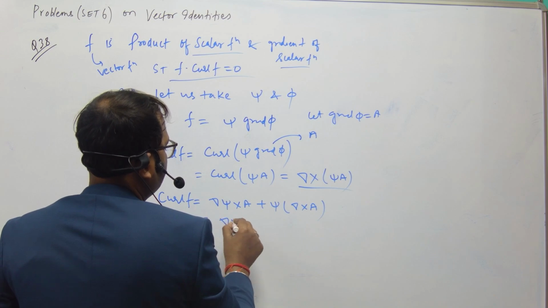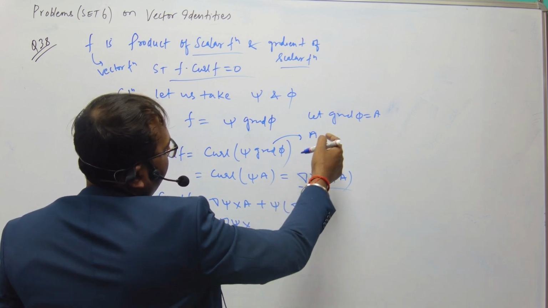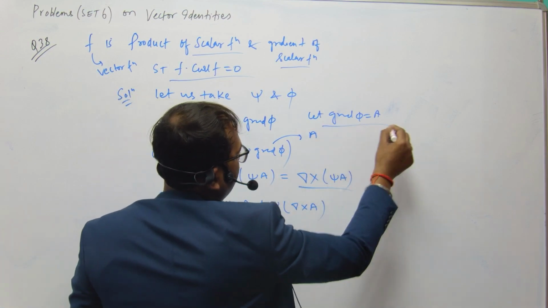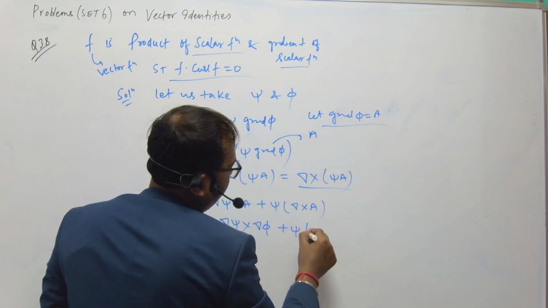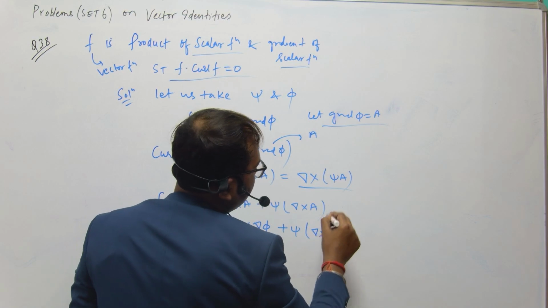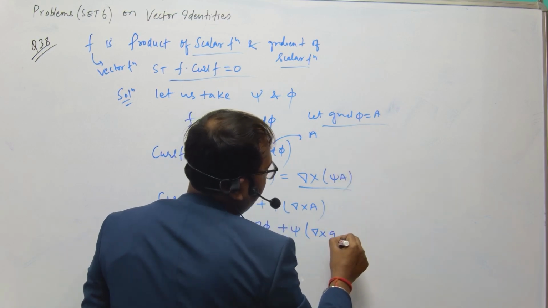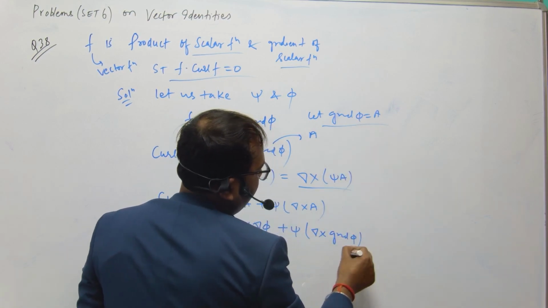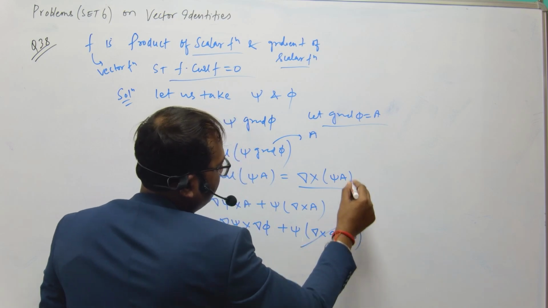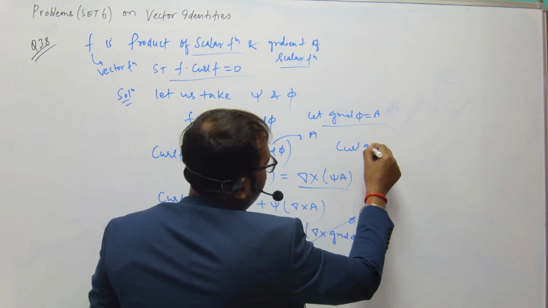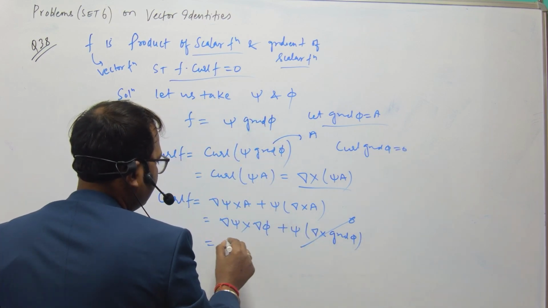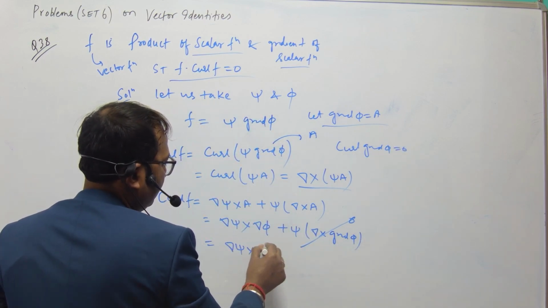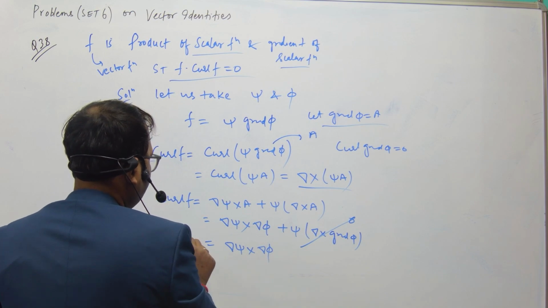That is, del psi cross, and a is gradient of phi, so del phi, plus psi times del cross gradient of phi. Curl of gradient of phi is zero, so we are left with del psi cross del phi. This is curl of f.